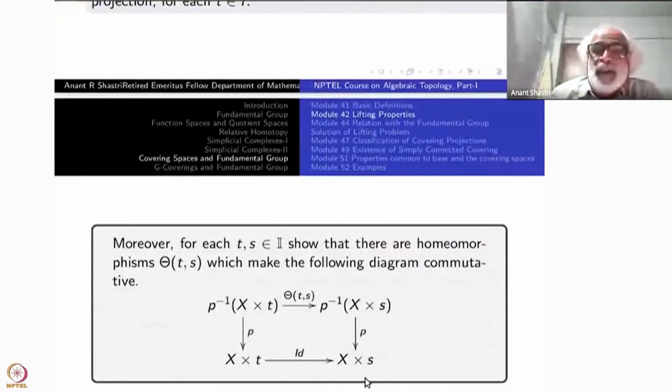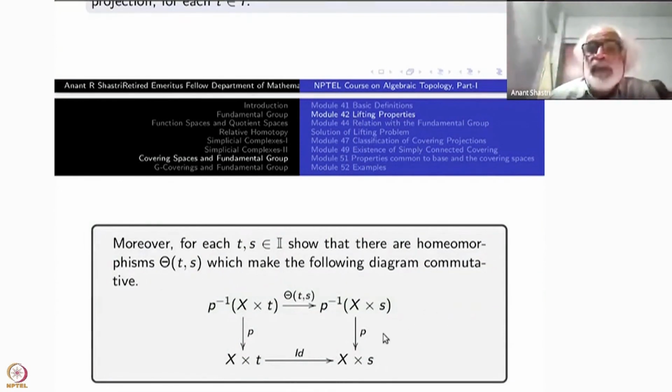For each t, s belonging to I, show that there are homeomorphisms depending upon t and s, theta_ts, from p inverse of X cross t to p inverse of X cross s. This is a homeomorphism, and on the base this is the identity map on X, with (x, t) going to (x, s). This map is identity cross identity, whatever. t goes to s, that is the difference here, that's all.